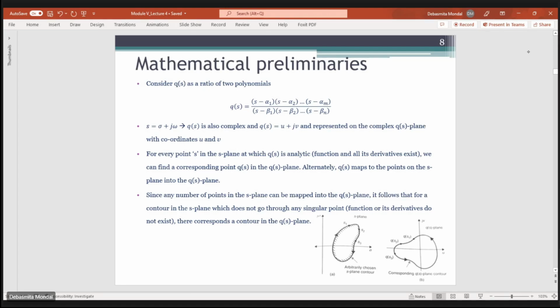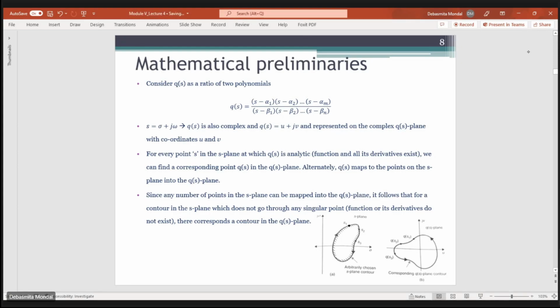And in case of the S plane, the corresponding value of S will have sigma on the x-axis and omega on the y-axis. So for every point S in the S plane, let's say we consider any point, a value S1.